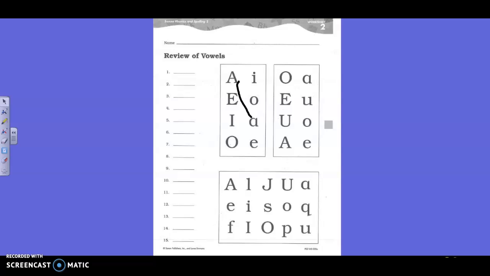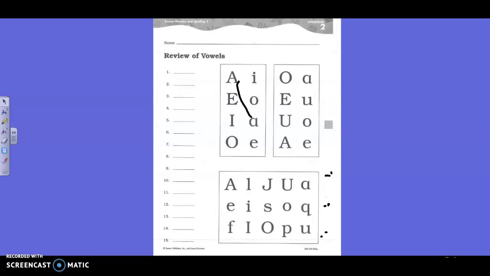On number 11 through 15, you're writing each of the vowels in the lowercase letter. It just wants the lowercase letter of each of the vowels.